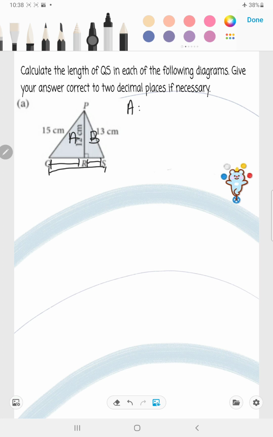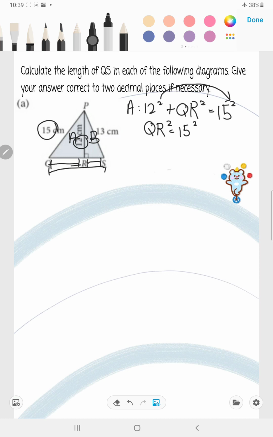So in A, we have to find the length of QR. So this is the hypotenuse and this will be a. So 12 square plus QR square is equal to 15 square. So if we want to find QR square, we have to transfer 12 square to the other side, so it will be 15 square minus 12 square.